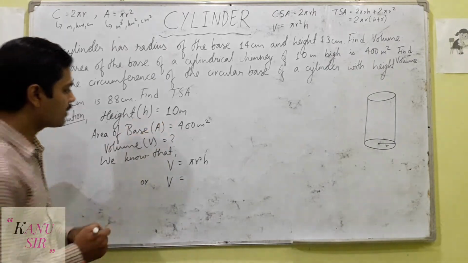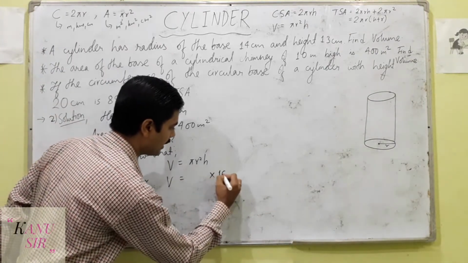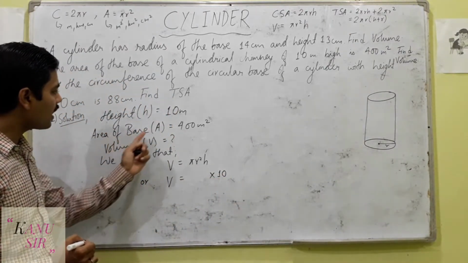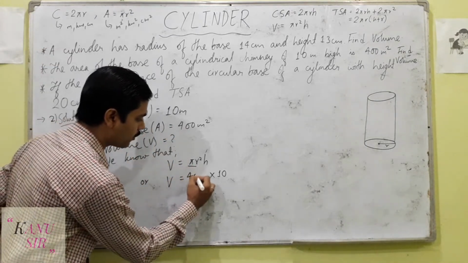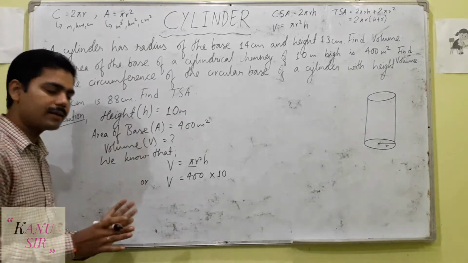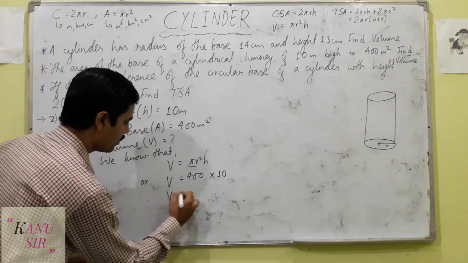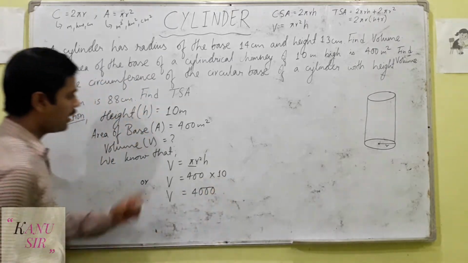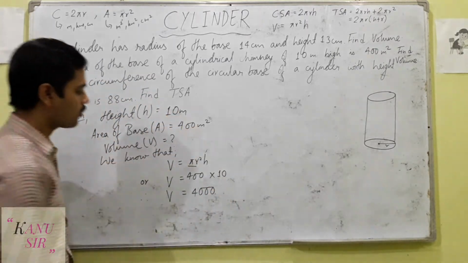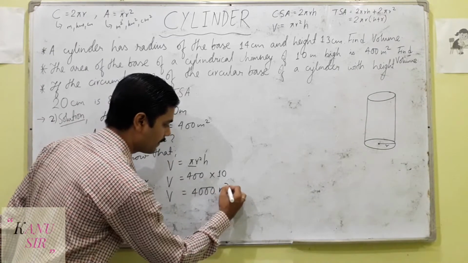H is given as 10, that is okay, 10. And the base area is already 400, that is pi r square. So simply we write 400 without taking anything else. Finally, volume is 400 times 10, we will get 4000, and the unit is meter and meter is square, so the volume will be meter cube.